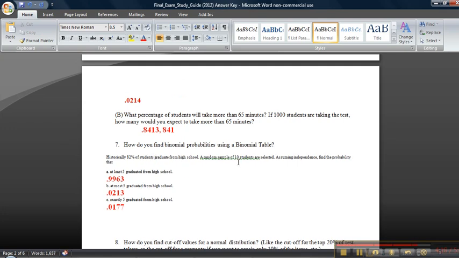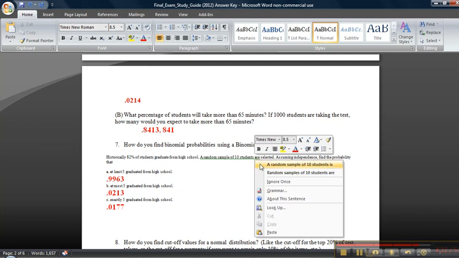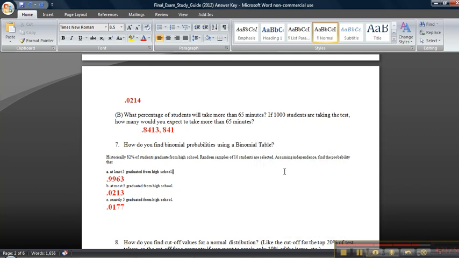A random sample of 10 students are selected. Assuming independence, find the probability that at least 5 graduate from high school, at most 5, and so forth and so on. This is a binomial probability distribution.